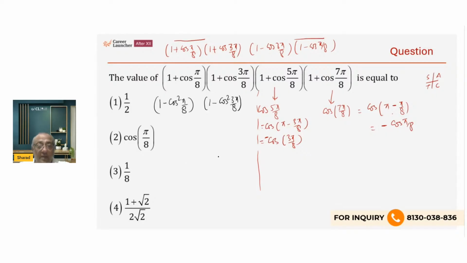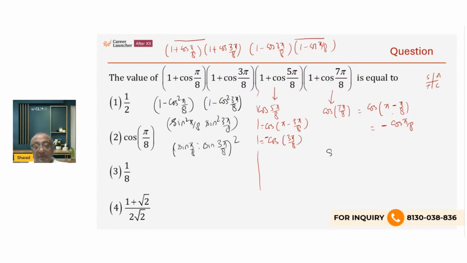Understood? Now, this will become sine square pi by 8. This will become sine square 3 pi by 8. This is sine pi by 8 into sine 3 pi by 8 whole square.